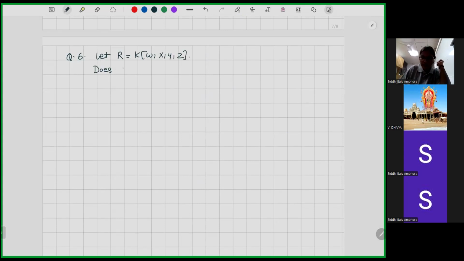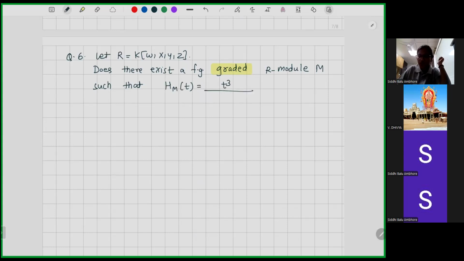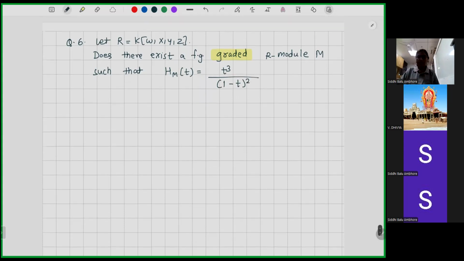Does there exist a finitely generated graded R-module M such that H_M(T) is equal to T cubed divided by 1 minus T squared? So we have to find a graded module M such that I have this.